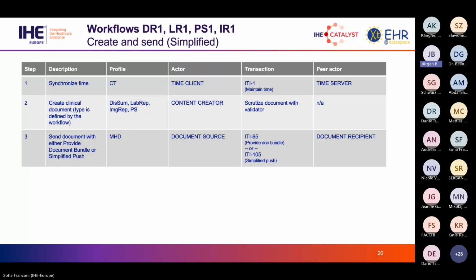You all start with step 1, that you synchronize your time against the time server, and then that you create a document, the one you have registered for: discharge summary, lab report, imaging report, or patient summary. And in this step, you scrutinize this document with the validator so that we know that it is correct. And after it is correct, you send it in step 3 as a document source with either an ITI 65 or ITI 105 to a document recipient actor.